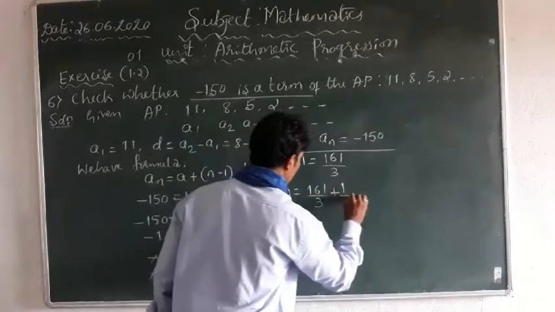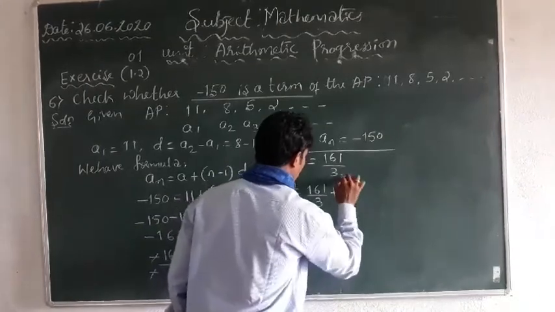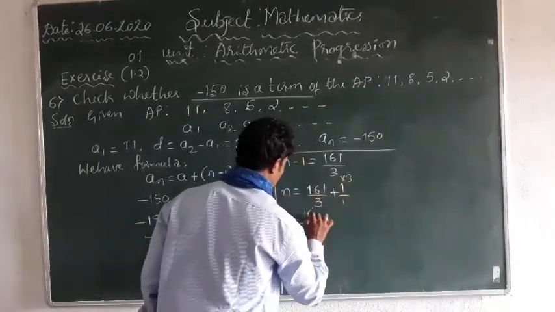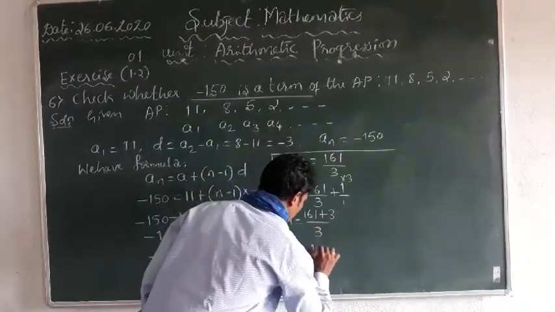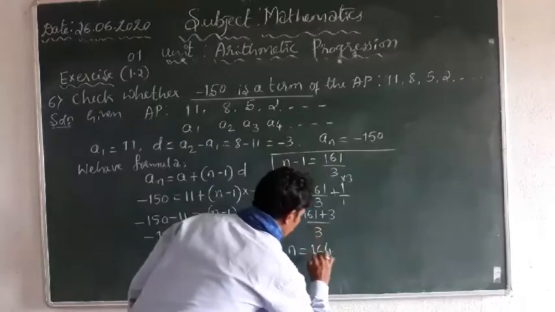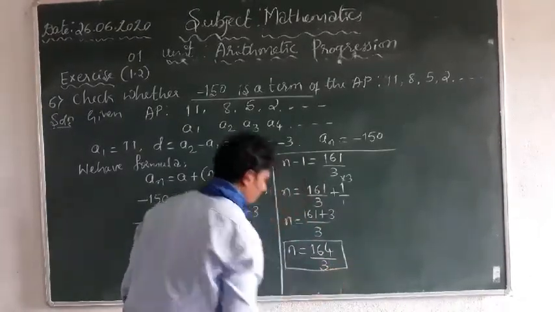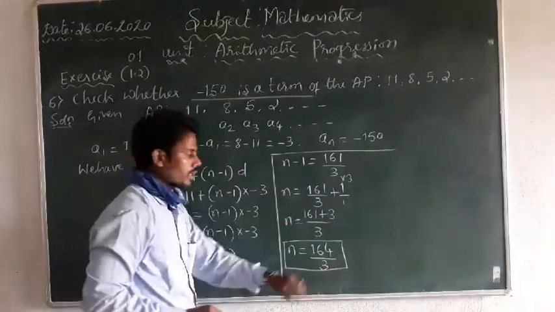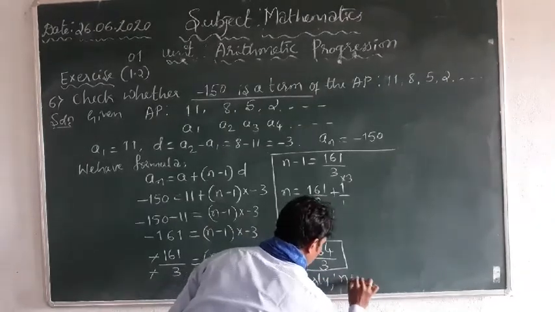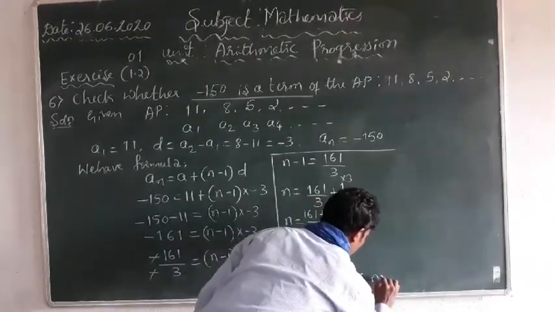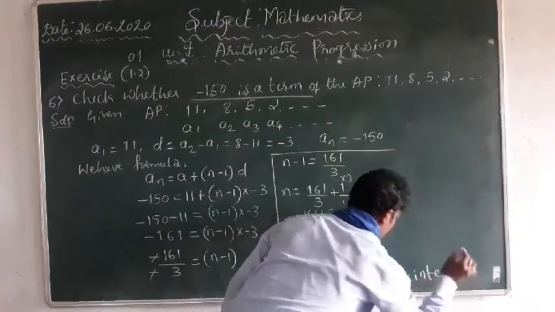Plus 1, n is equal to 161 divided by 3 plus 1; the LCM is 3, so 1 times 3 is 3. So n is equal to (161 plus 3) divided by 3, which is 164 divided by 3. Clearly, n is not an integer.